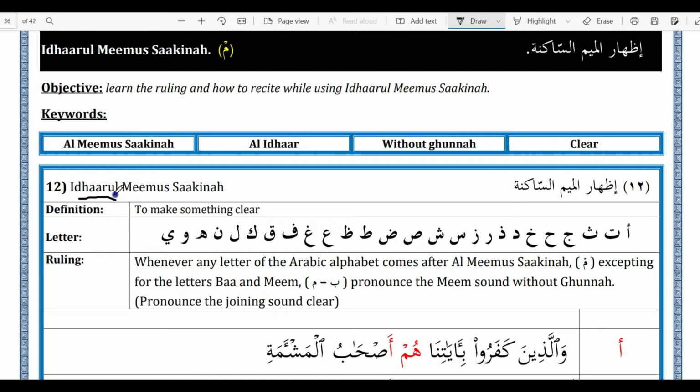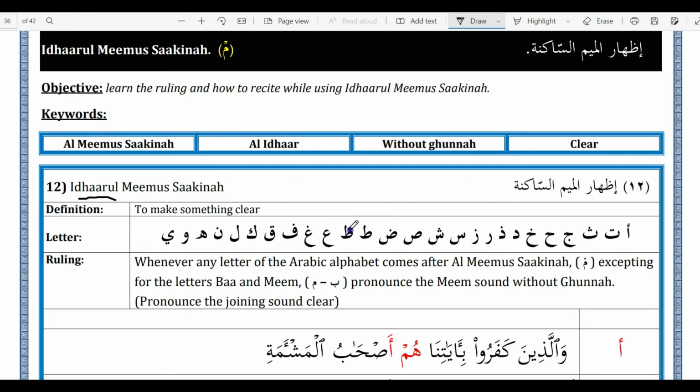And the letters are all the letters except for ba and meem. Because meem is from idghamul meem sakina, ba is from ikhfa'ul meem sakina, and the other one is izharul meem sakina.